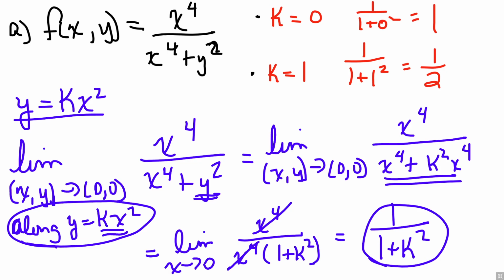So when I choose two different paths, I get a different limit. So this is how you show that this limit does not exist.